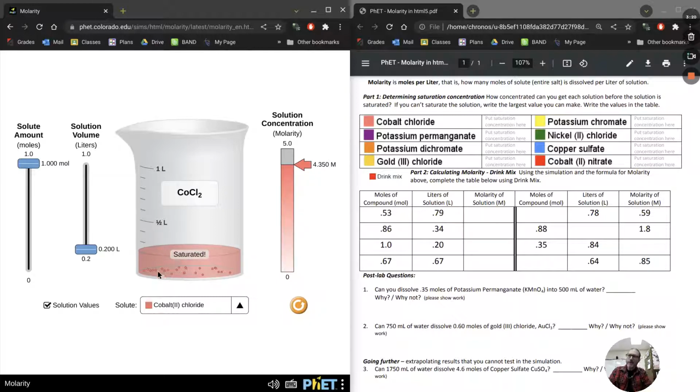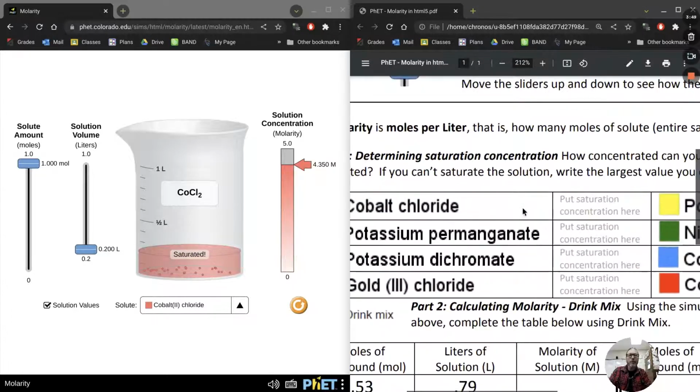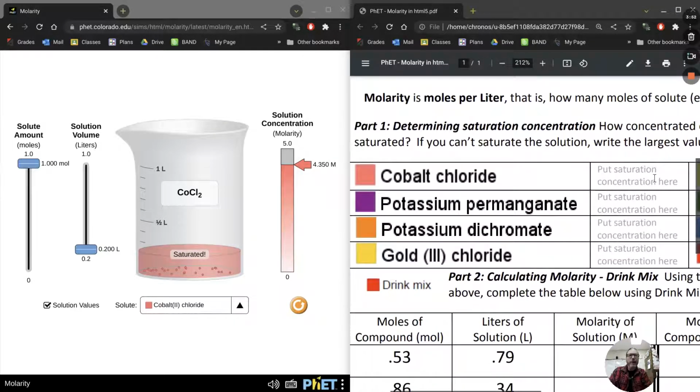You can see there's even little particles of solute that are building up at the bottom there. I want to come over here to the scale to see what my concentration is. It says it's 4.350 molar. Here beside cobalt chloride, which is the substance I just tested, I'm going to write the saturation concentration, which would be, again, this 4.350.